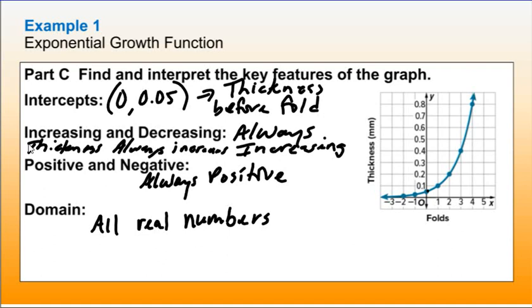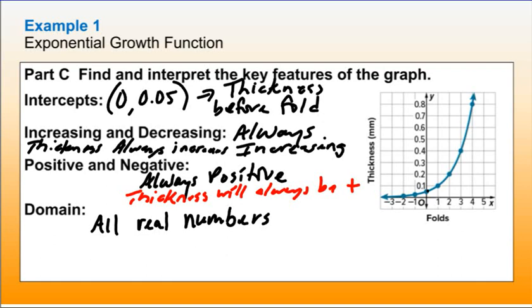You can only have a positive number of folds, or your thickness, the thickness is always going to be a positive number. So let me put that down. I'll just do positive or plus sign.